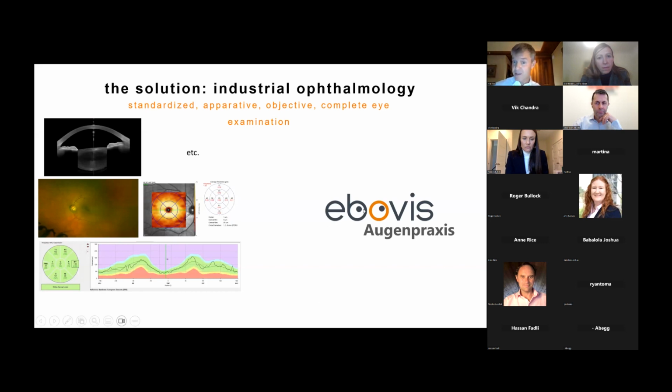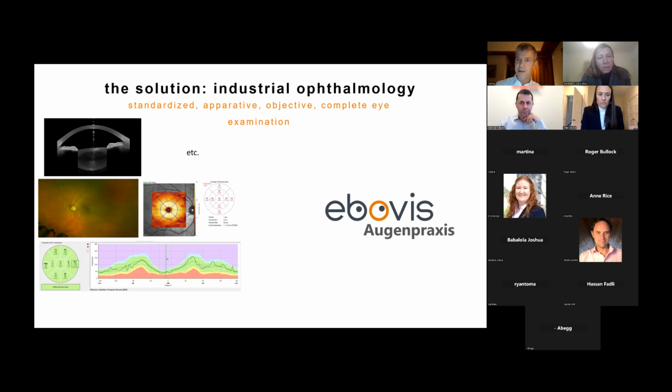There is such a practice. It's called Ebovis. It's in Zurich, and patients go there. They're not being seen by a doctor, but they're being seen by a lot of apparatuses. As doctors, we then can hit the button and we have an overview of all the findings in a particular patient, and that allows us to make a diagnosis and to formulate an impression and plan.